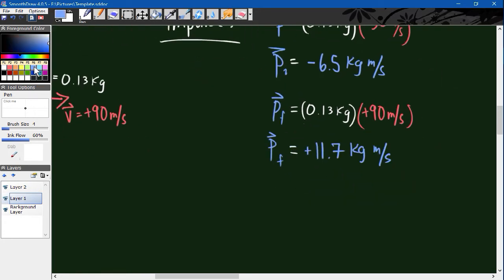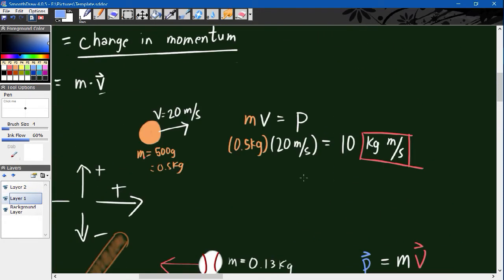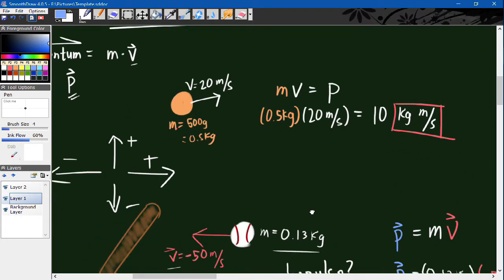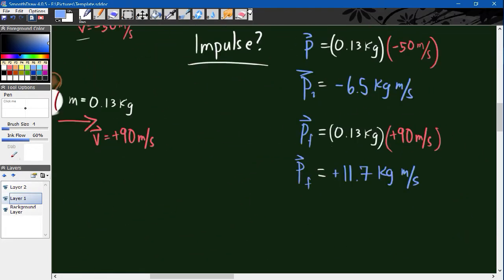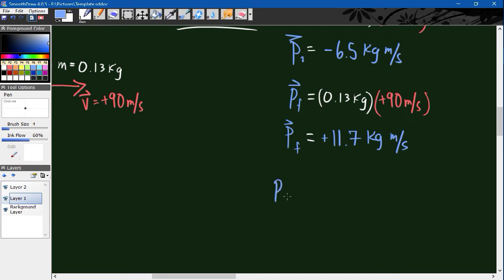It's easy. Since impulse is the change in momentum, we subtract the initial momentum from the final momentum, which is 11.7.